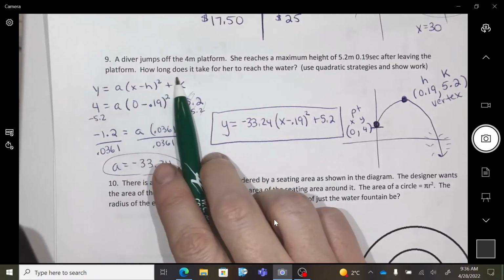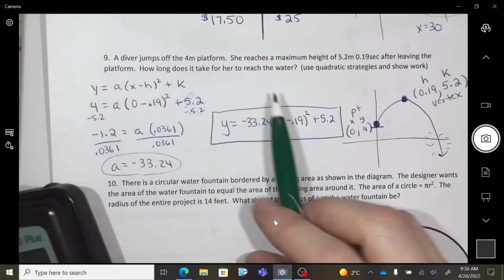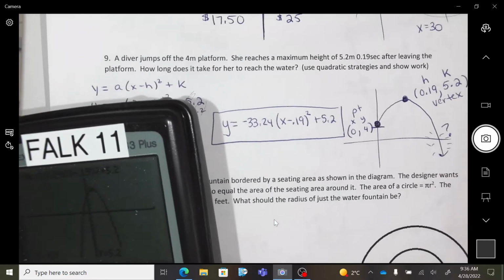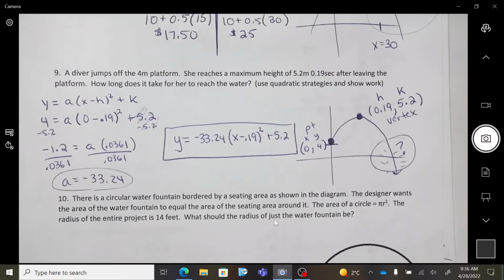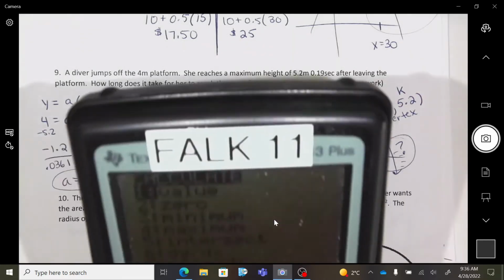When, or how long does it take the diver to reach the water? Can you get me this value now? Okay, so we had to do all that work just to get this value. So calculate the zero.